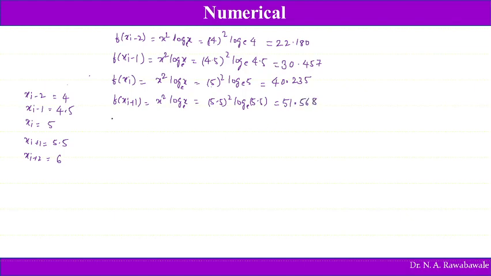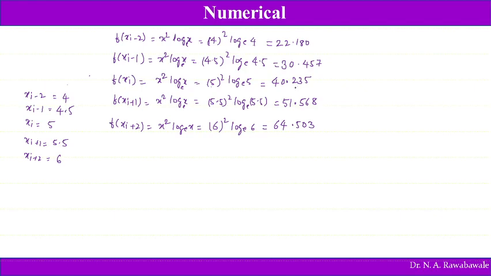Then f of xi plus 2, again x square log x, with 6, 6 square log to the base e of 6, is 64.503. So we obtained all this information.